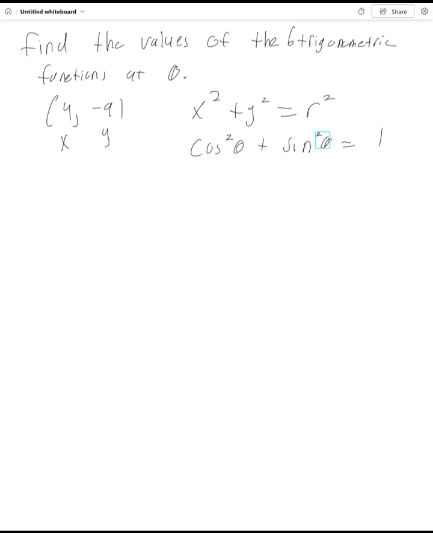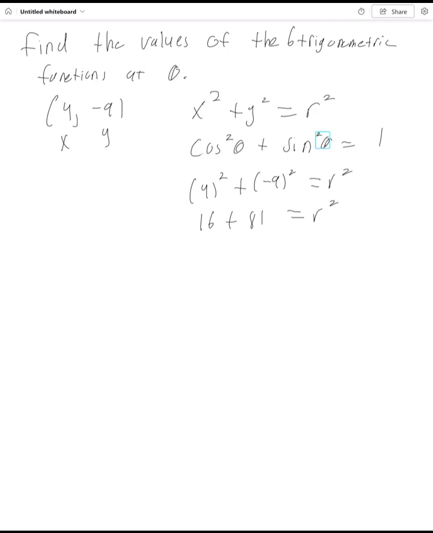But in this case, we want to solve for r, the missing piece we need to solve for all of our trig functions and their values. So let's plug in our numbers. 4 squared plus negative 9 squared equals r squared. Anything negative raised to an even power is always going to be positive.